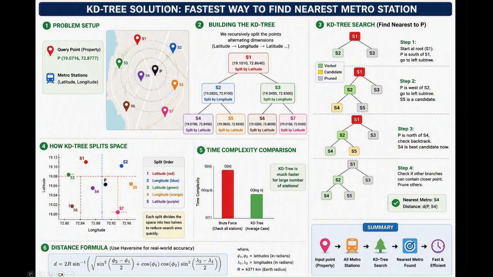Now this model here, I'll just describe very briefly how the KD tree search works. In fact, it's an algorithm to calculate the nearest metro station to any given point. So your metro stations can be described in terms of latitudes and longitudes, and you have a point P with coordinates given here 19.07 and 72.87, and then you can find the nearest metro stations to this point.